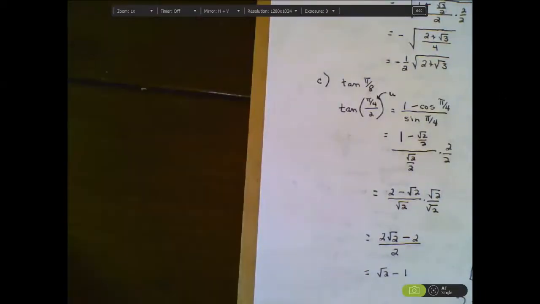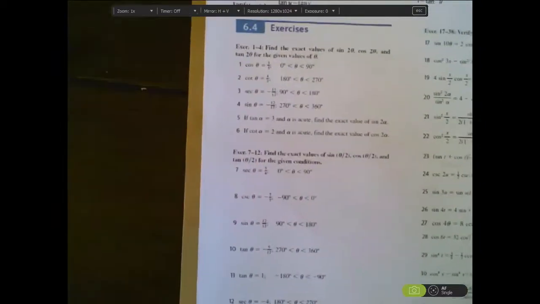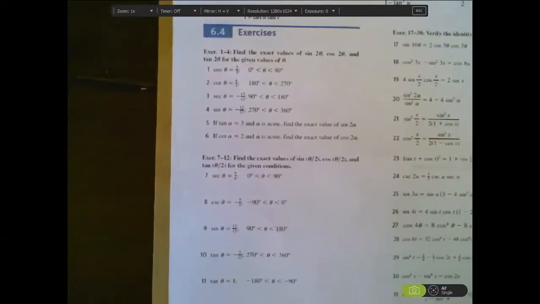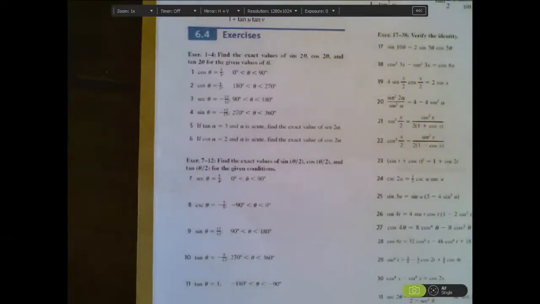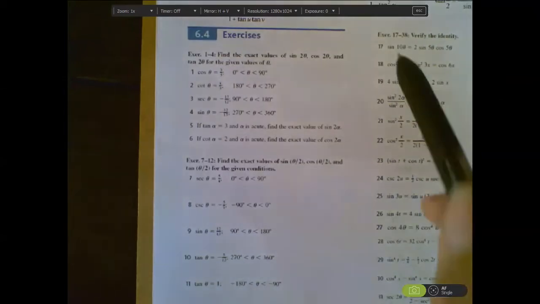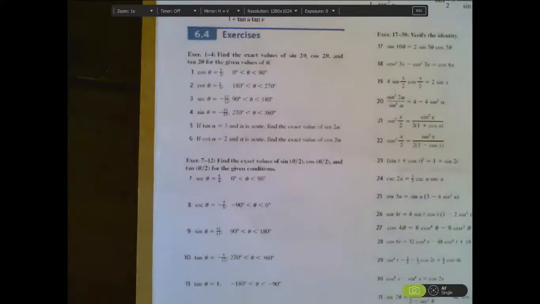All right, that gets us through 1 through 15, which is the first half of 6.4. The second half of 6.4 are these verify the identity problems, and they're as easy as the verification problems we had in 6.3. You just use a double angle formula or a half angle formula to show that the left-hand side is equivalent to the right-hand side.